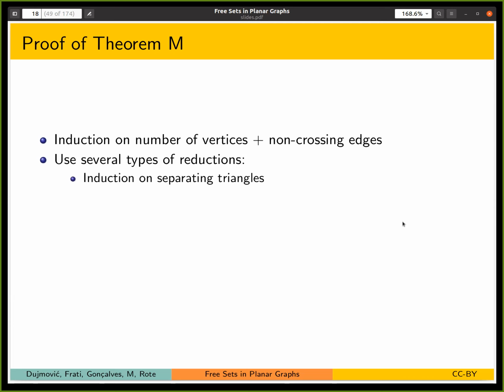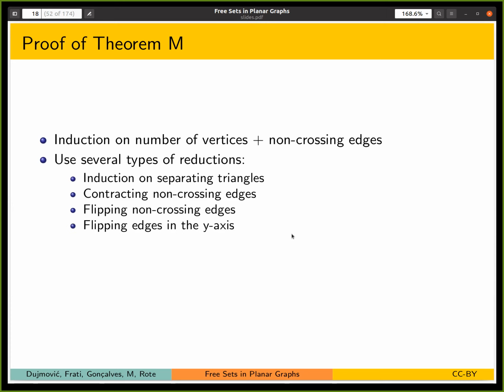And it uses a few types of reductions. If your graph has separating triangles, you'll do induction on those, on the inside and the outside separately. If you have edges that don't cross the axis, you'll be able to contract those, or you'll be able to flip them so that they do cross.